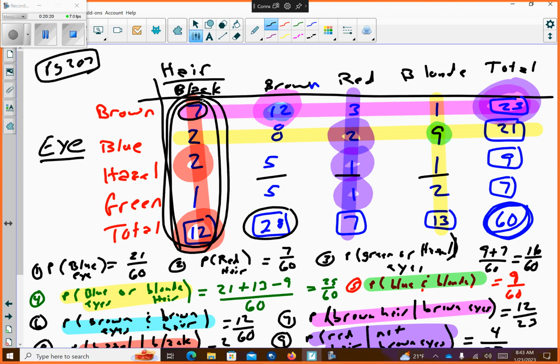A person is more likely in our group to have brown eyes if they have black hair, because we have a 7 out of 12 chance of that taking place. So if we kept the people with black hair in the room, those people having brown eyes happens more often than anything else. We have a 7 out of 12 chance. That means there are 5 other outcomes that could take place. So that's basically the long and the short of that.